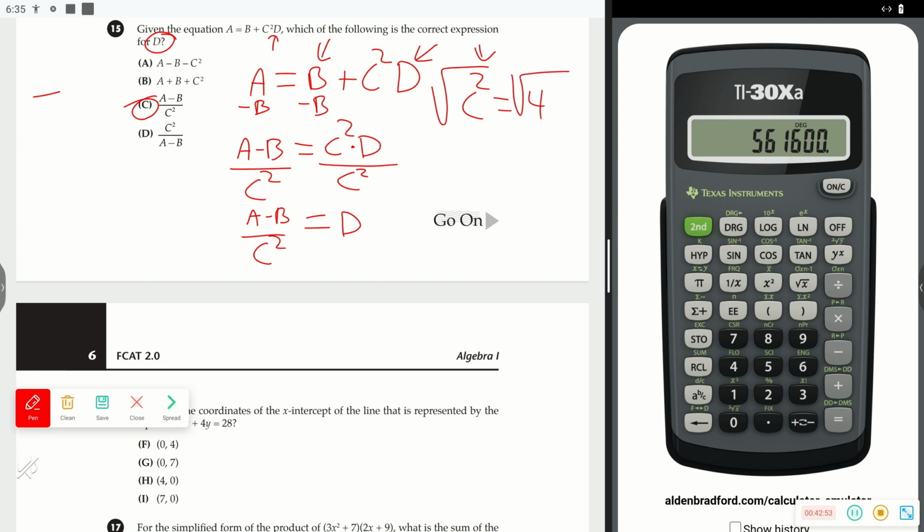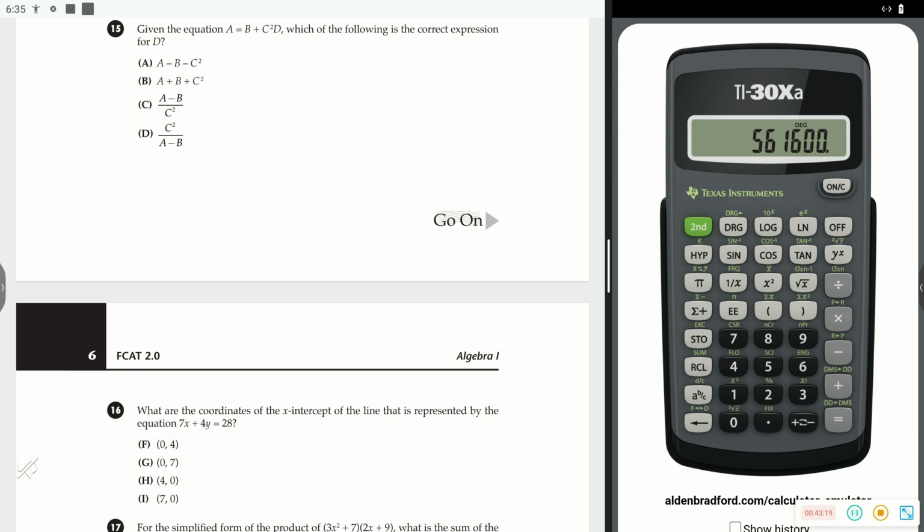The square root of c squared is c, and the square root of 4 is 2, because 2 times 2 equals 4. So if they wanted you to solve for the term that had an exponent, you would take the root or the radical to get rid of the exponent. But they didn't ask for it, just extra information.